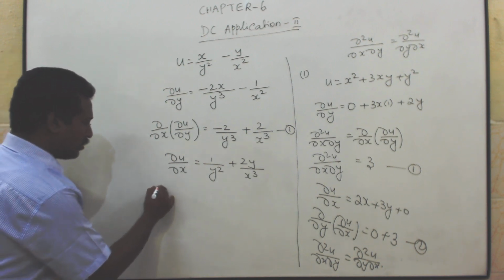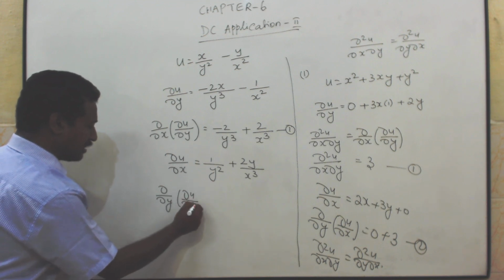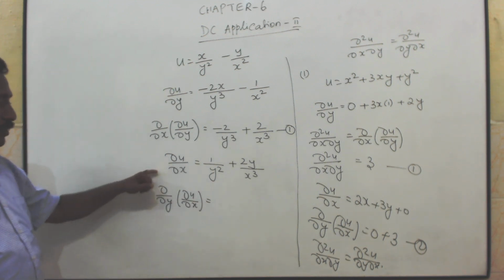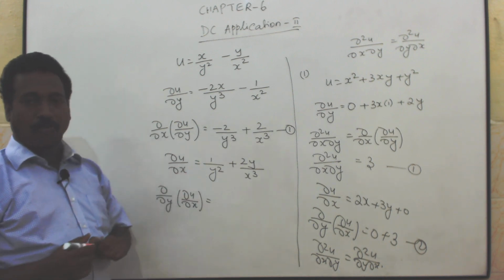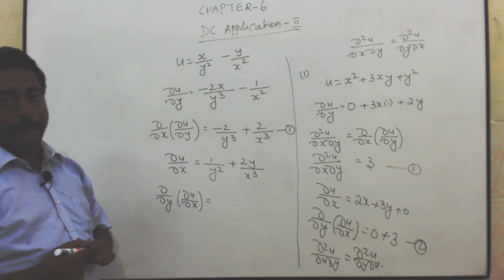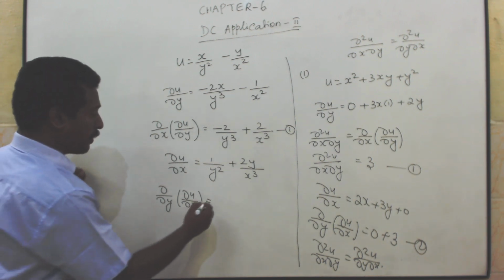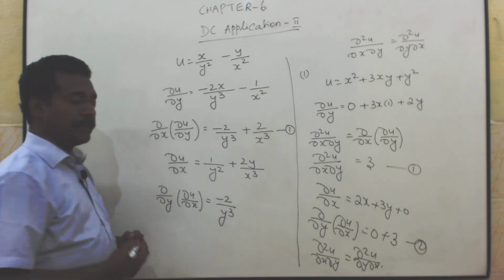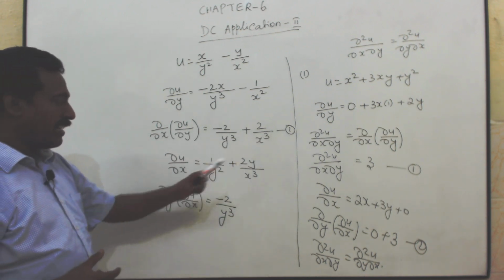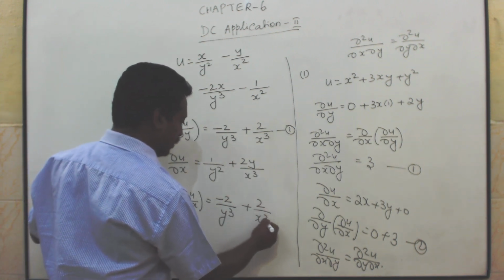The second part, dou by dou y of dou u by dou x. This answer, differentiate with respect to y. This is in the form of 1 by x power n, minus n by x power n plus 1, minus 2 by y power 2 plus 1 is 3. 2y differentiation is 2 by x cube.